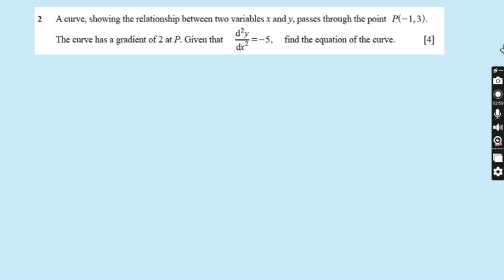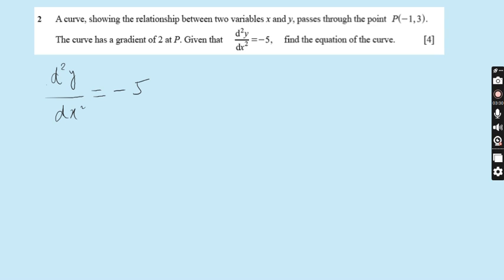The process is, first write the double derivative which is given, d²y/dx² is equals to -5.